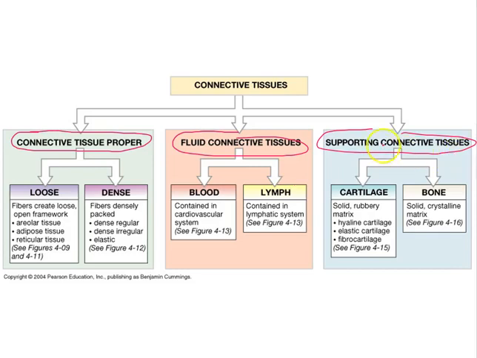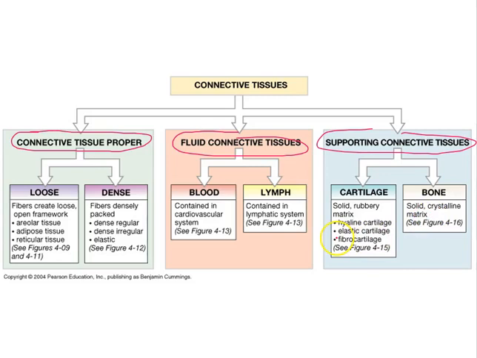Under the category of supporting connective tissues, we have cartilage and bone. Cartilage is composed of a solid and rubbery matrix, in contrast, bone has a solid and crystalline matrix. We can divide cartilage into hyaline cartilage, elastic cartilage, and fibrocartilage, these three different types of cartilage, and then bone, which we have as compact bone and spongy bone.